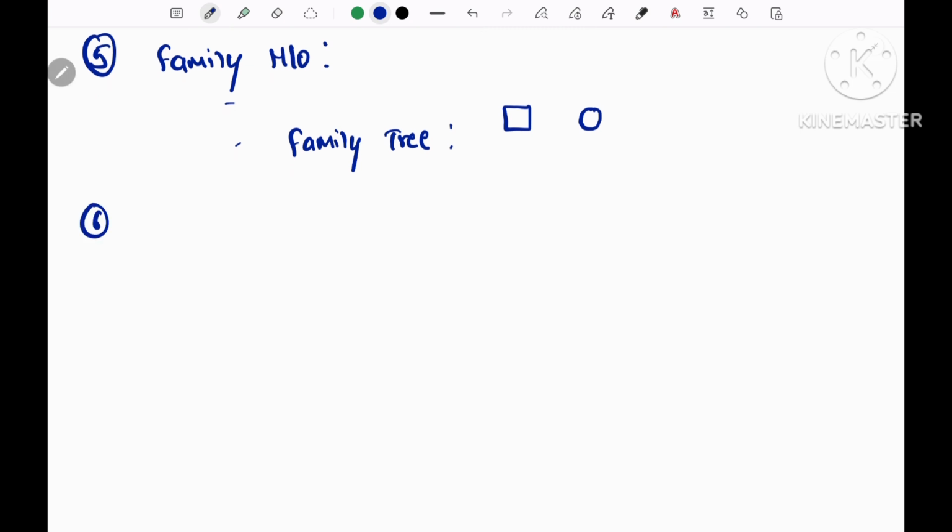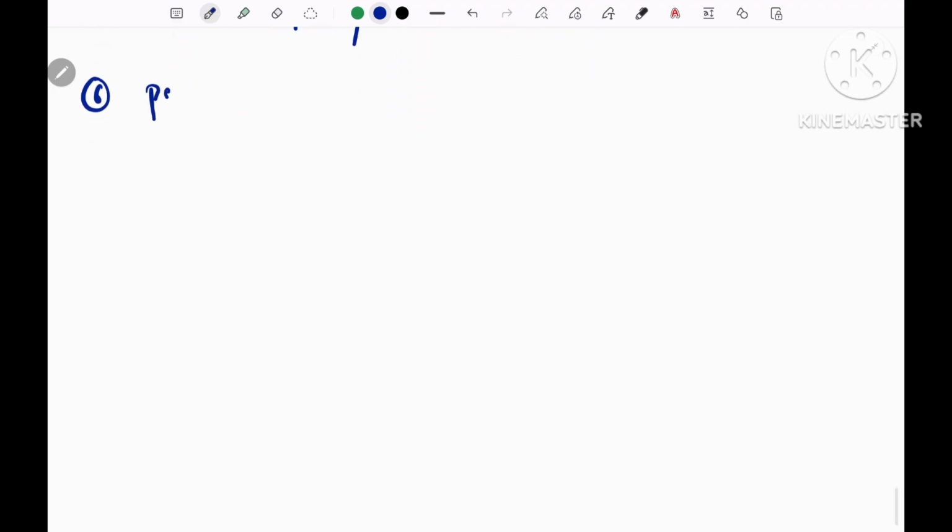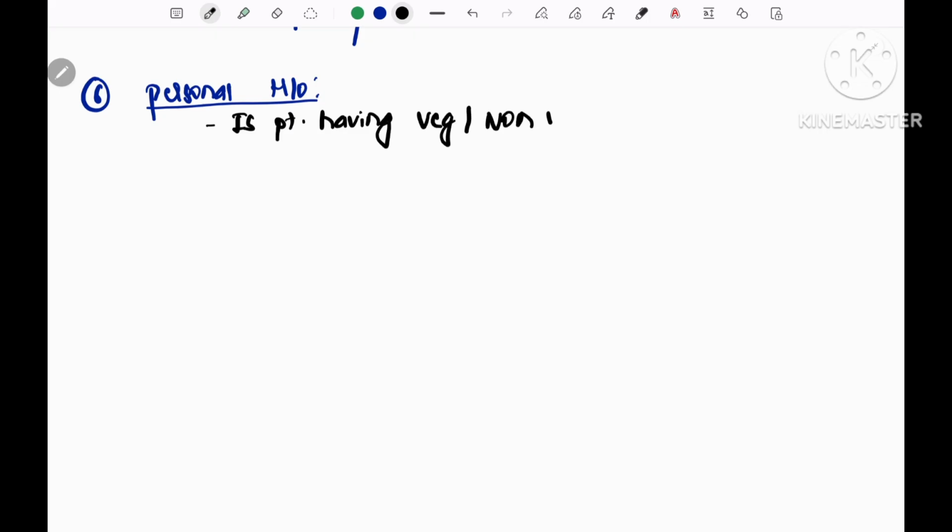The sixth point is the personal history. During personal history, we have to ask around five important points. The first one is whether the patient has a veg or non-veg diet. Second, is the patient's appetite good or not?